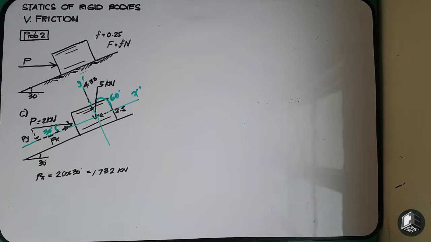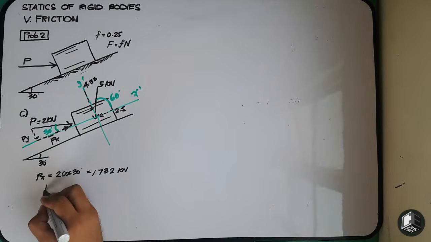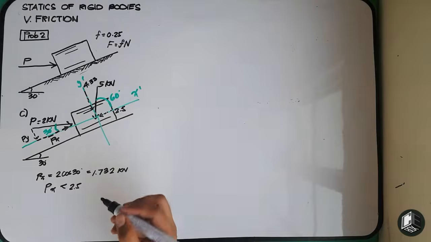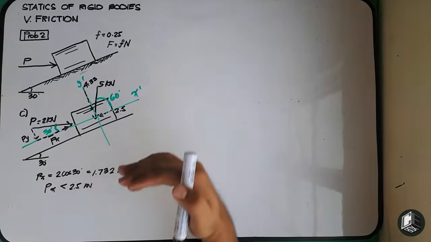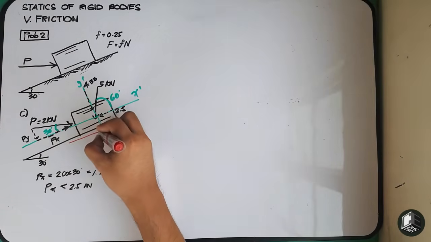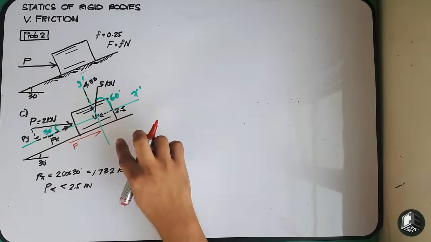Since our Px is less than 2.5 kN, our movement is downward. So the downward motion governs. Our force F is opposite to that direction, so this is our force F.